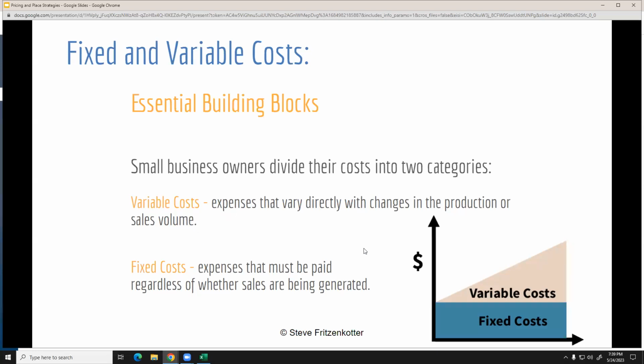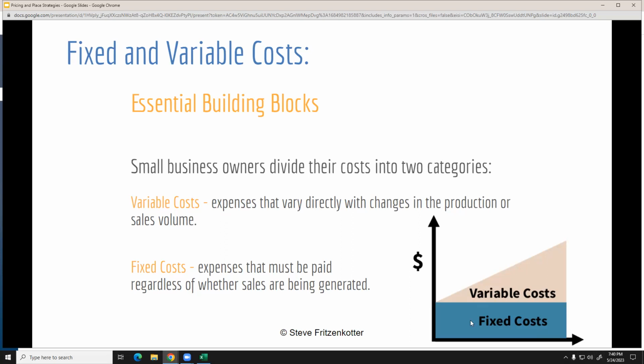Now, fixed costs are different. Fixed costs are set and have to be paid whether sales happen or not. If you look at this chart, you see fixed are always the same, variables go up and down. So a classic fixed cost would be the rent you pay or the mortgage you pay for your space.